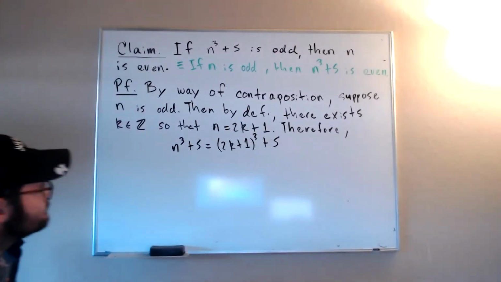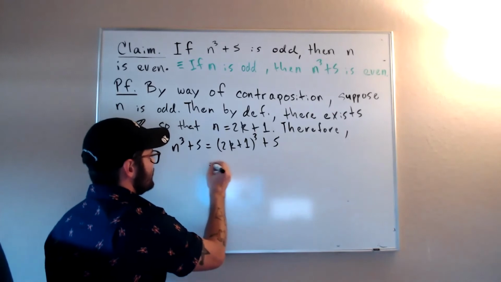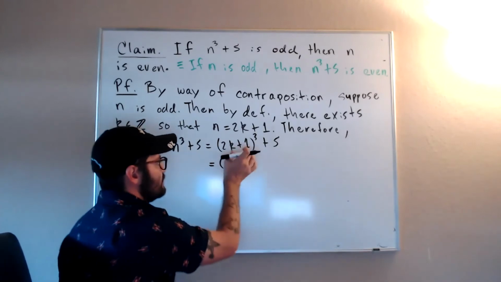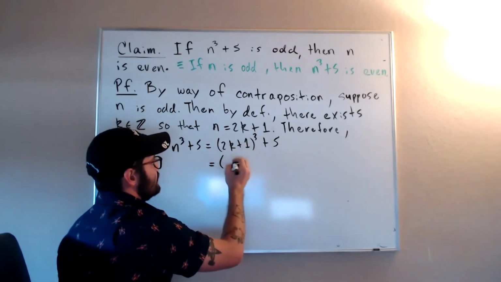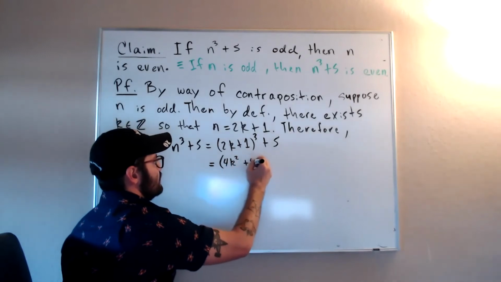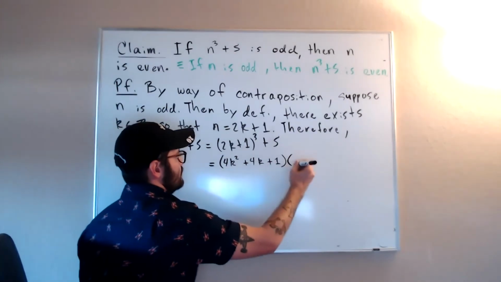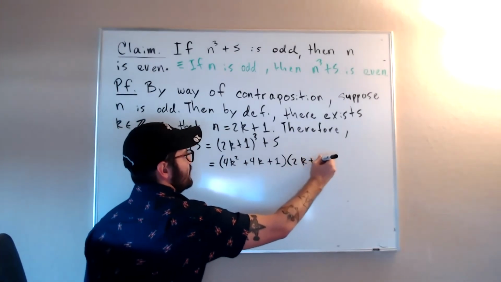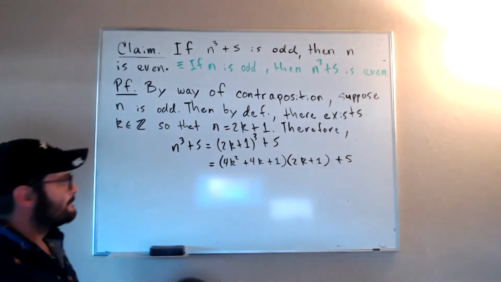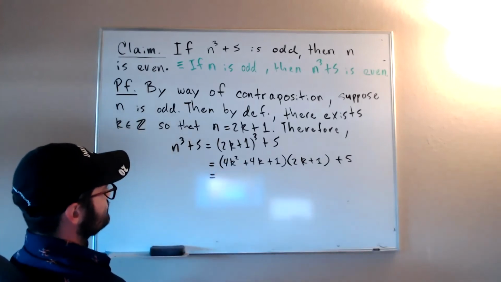Okay, so then we need to do some algebra here. So I'm going to do this in 2 steps, just because I always forget the cubic formula for products. So this will be (4k squared plus 4k plus 1) times (2k plus 1) plus 5. Okay, so what does this become?